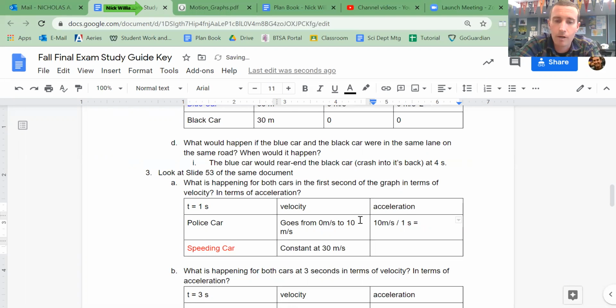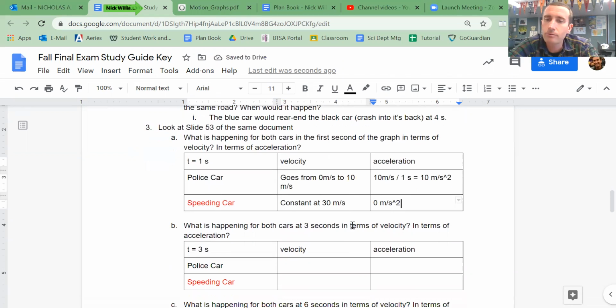So 10 divided by 1 is 10 meters per second squared. Now my speeding car, it's constant since it's 30 meters per second and it's not changing. That would be 0 acceleration, or 0 meters per second squared.